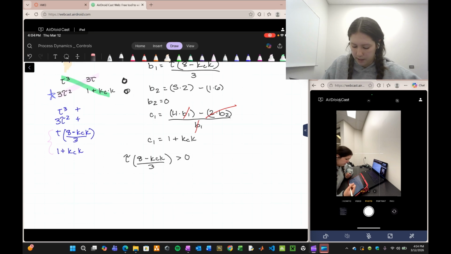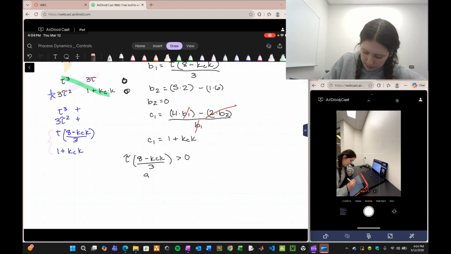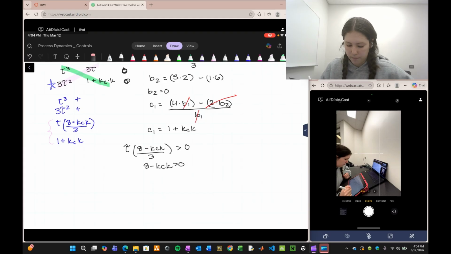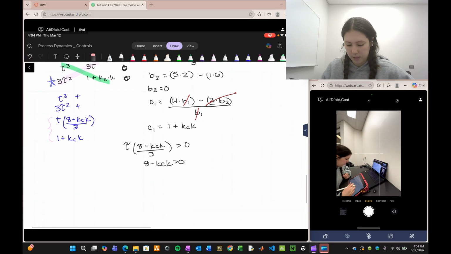We can multiply everything by 3 and divide by tau. So we get 8 minus KcK to be greater than 0. And then we want to just solve for, I believe, just our Kc value.